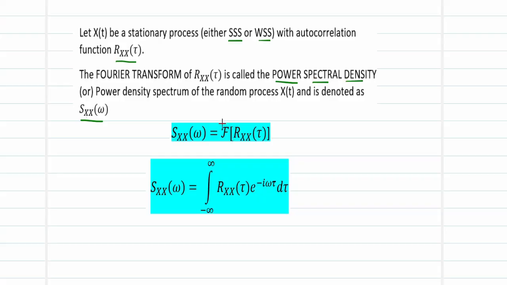Now, how to define the formula for a Fourier? Fourier is nothing but an integral from minus infinity to infinity. Whatever be the input you have, give this as input, multiply it with e to the power of minus i omega tau, and if you have tau over here, you integrate with respect to d tau.